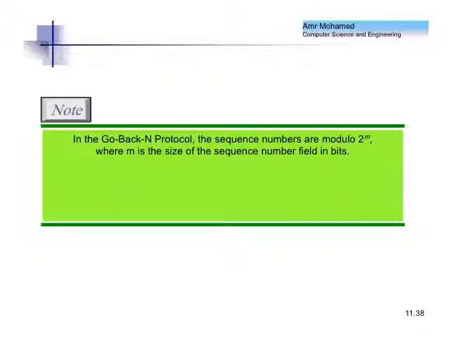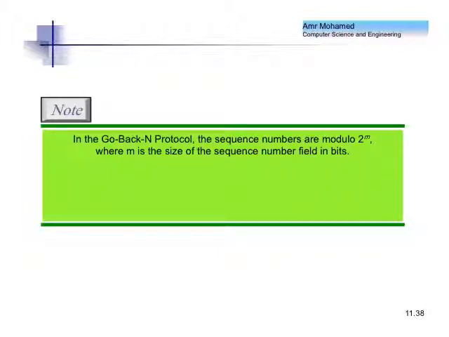And we can only send 1 frame before we wait for the acknowledgement. Here, we send in general 2 to the power m frames, where m is the number of bits of the sequence number.